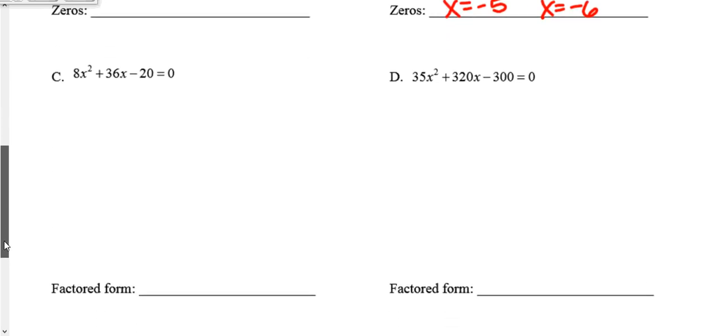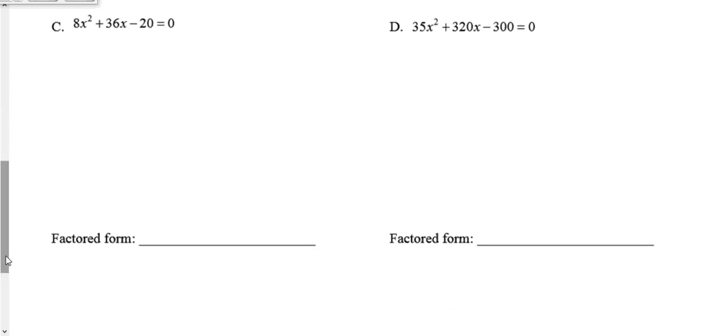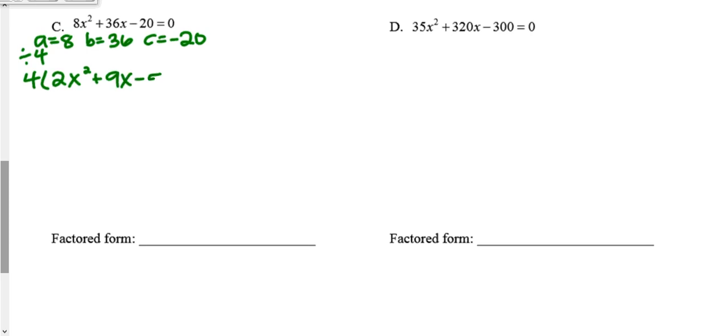All right, moving on to C. So on C, we're going to start by looking at our A, B, and C values. And I'm recognizing they all are divisible by 4. So 4, and that would be 2x squared plus 9x minus 5.